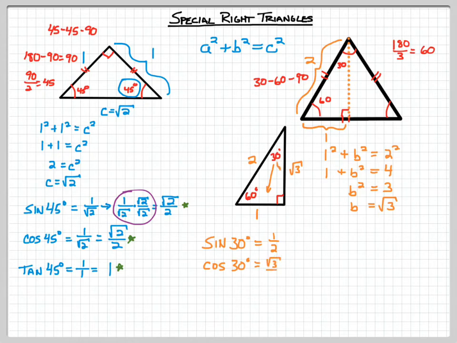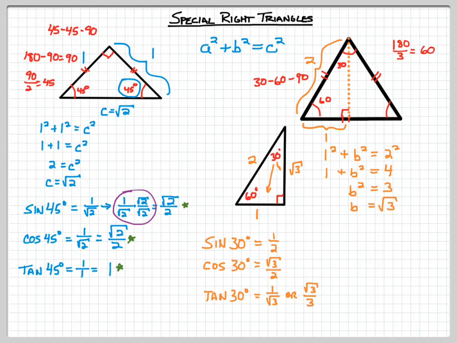So that's going to be square root of 3 over 2. And finally, tangent of 30 degrees, opposite over adjacent. So 1 over square root of 3. Let's rationalize that like we did with the purple, and we're going to multiply that by square root of 3 over 3, and it becomes root 3 over 3. So there's our 3 values for the 30-degree angle.